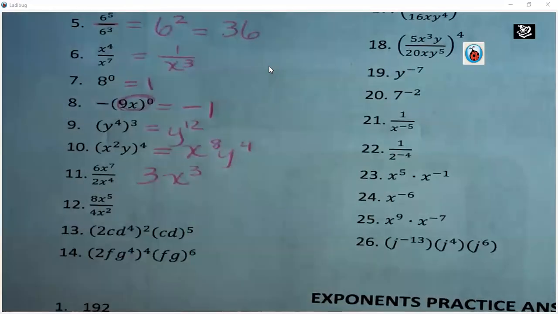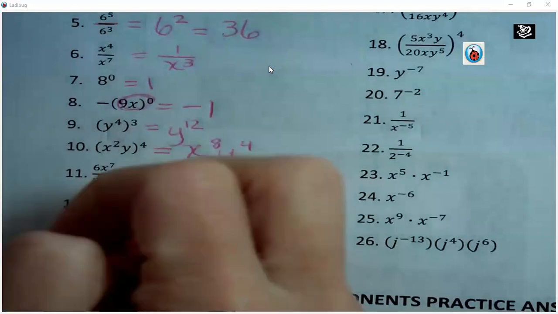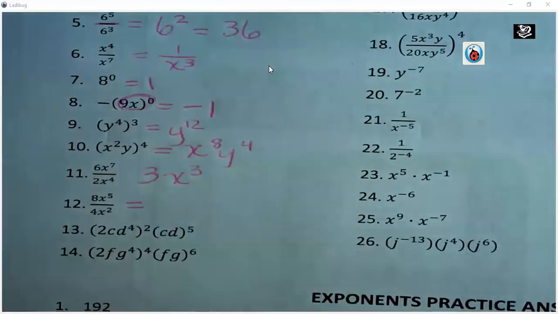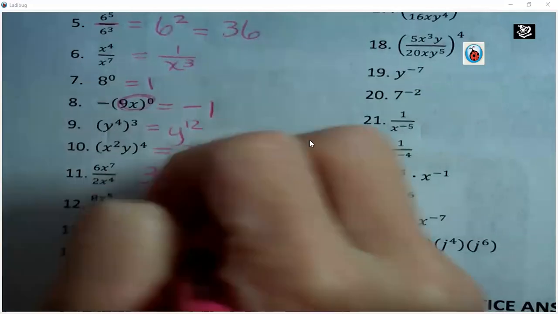All right, EJ, can you help me with 12? Two x to the 3rd. Very good. 2x to the 3rd.